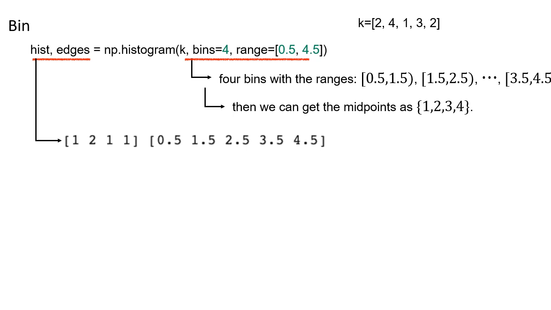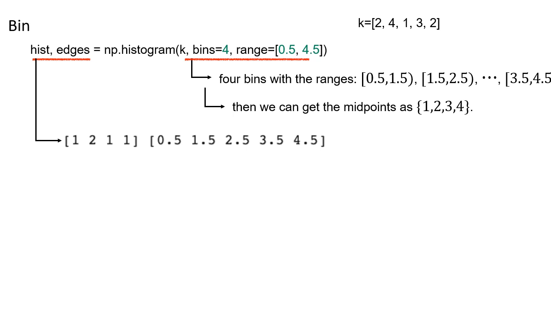If you bin this range into 4 bins, the range is separated like this. The first bin is 0.5 to 1.5, the second is this one, and the final is this one.